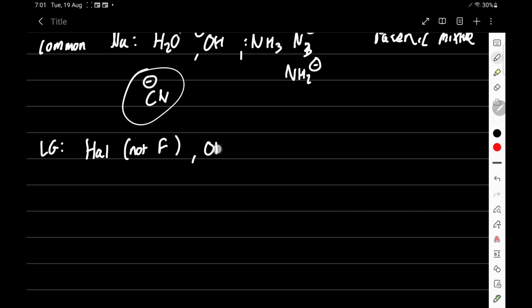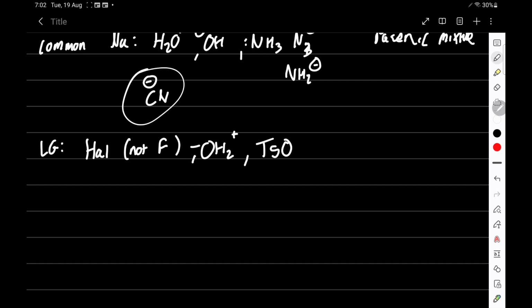We can also have OH2 plus, which would leave as water. This comes from an alcohol group being protonated by an acid that's present. Another good leaving group is the tosylate leaving group.